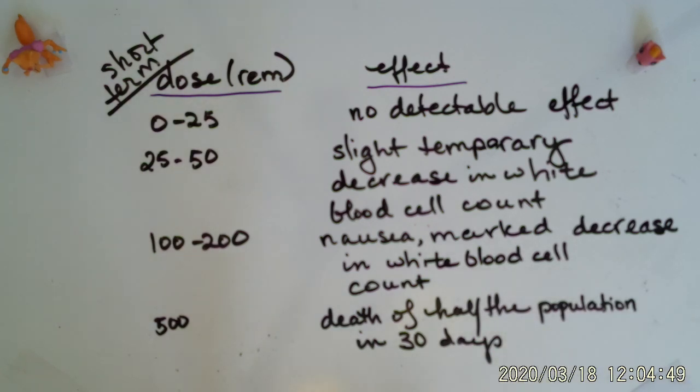So our white blood cells, which have a much shorter turnaround than red blood cells, which take about 3 months. Also the nausea, because our skin and endothelial cells will be affected more rapidly. That's why we see hair loss when people are exposed to a lot of radiation, because those cells show you the first effects.